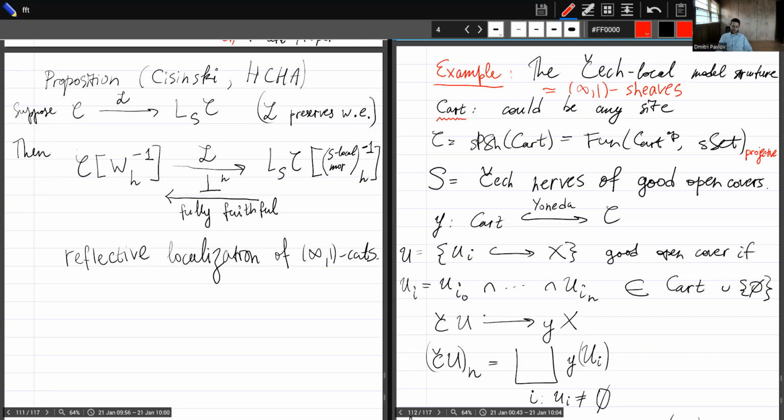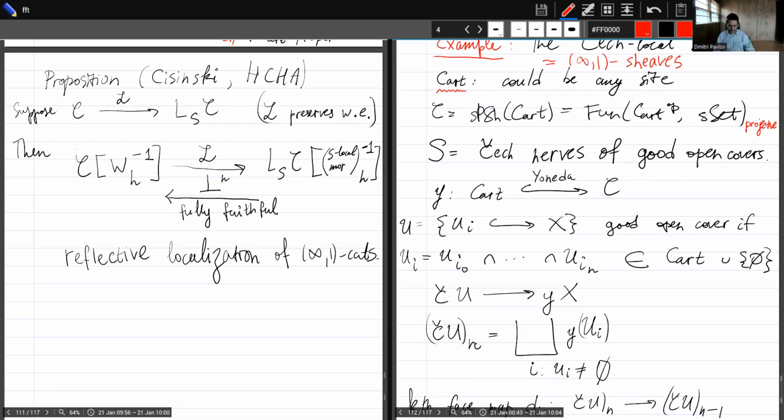So now the Čech nerve of U will be a morphism of simplicial presheaves from certain simplicial presheaves that we construct right now to the representable presheaf of X. So y is a Yoneda embedding here. So that's what I recall here. So what is a Čech nerve? In simplicial degree n, I'm going to take a disjoint union, or coproduct, over all multi-indices I with n plus 1 elements. Notice here I is indexed from 0 to n.